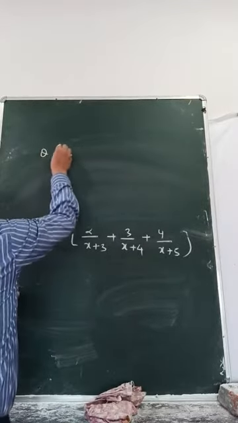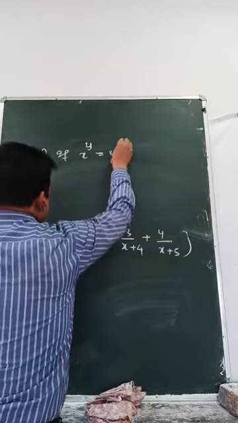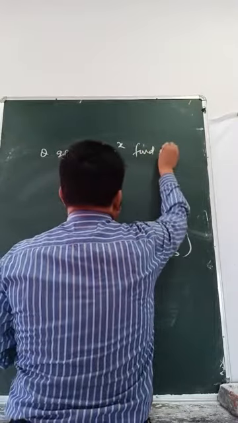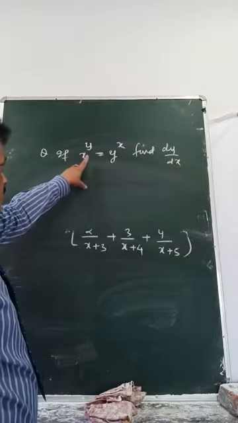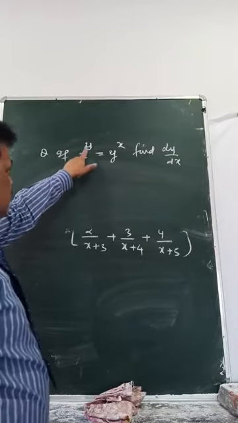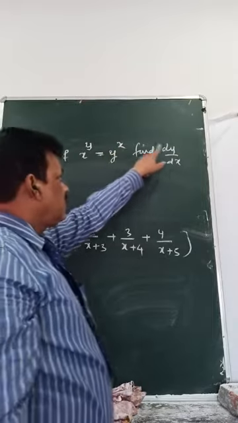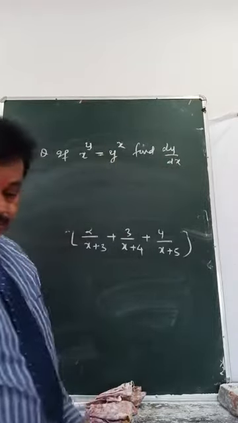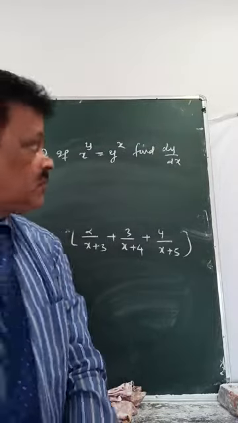Question is, if x to the power y equals y to the power x, find dy by dx. Make sure you are not going to use the nth formula, because the power is a function here. When you find dy by dx, both x and y are functions, so the nth formula cannot be used. So what are you going to do?